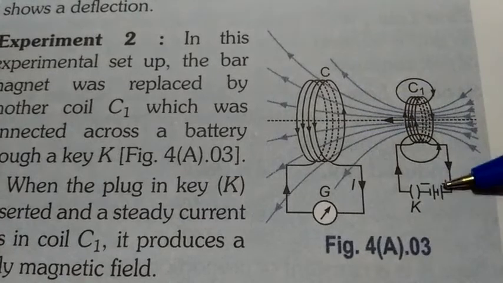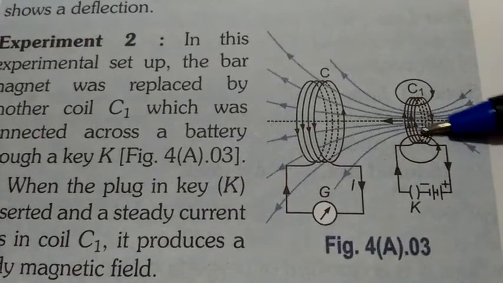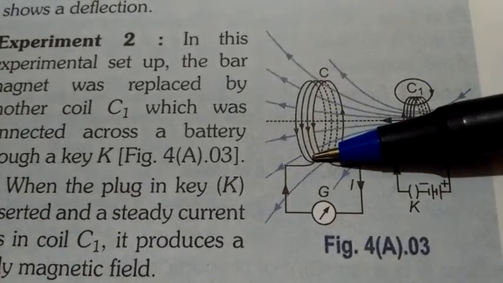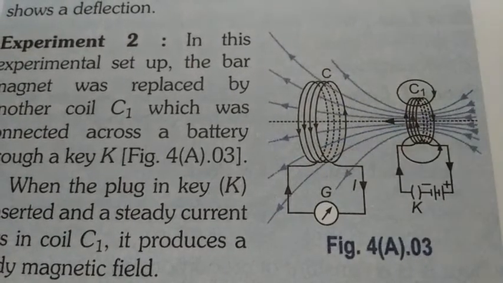If we change the terminals of the battery and perform the same experiment again, then what happens? The deflection will be there but in the opposite direction.